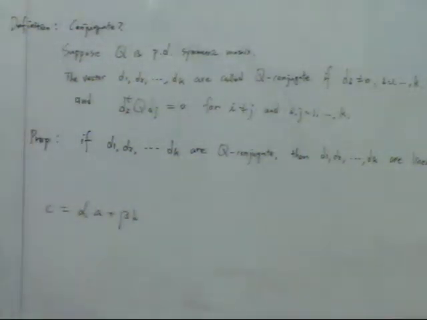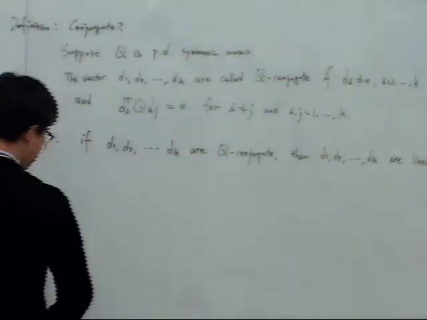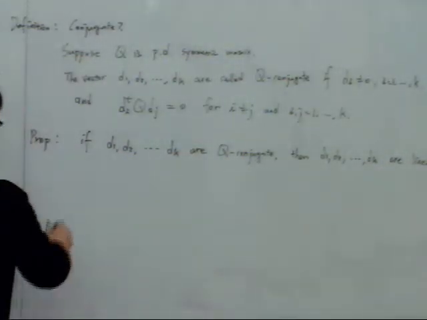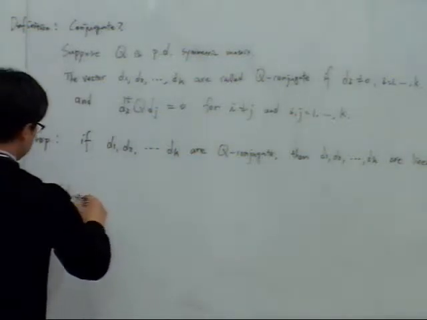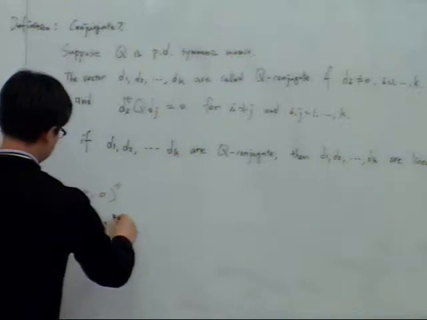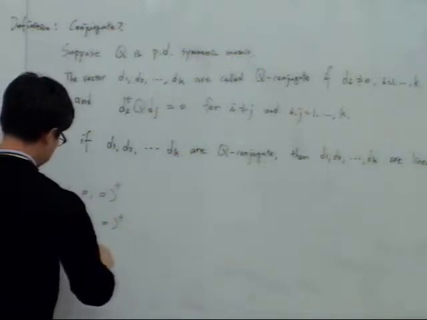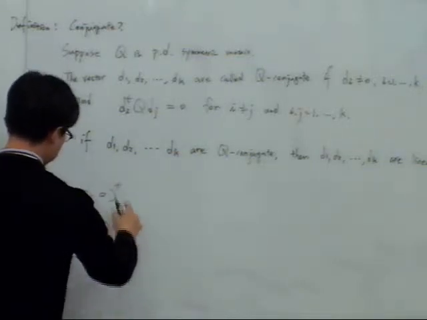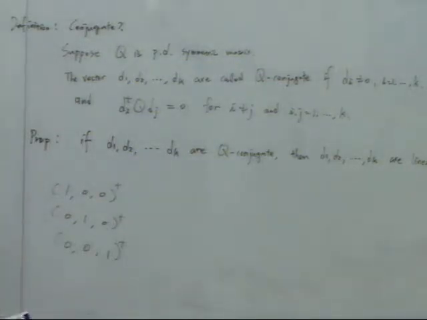If they are linearly independent, there is no way to make this equation. For example, take the vectors 1,0,0, 0,1,0, and 0,0,1, transposed.